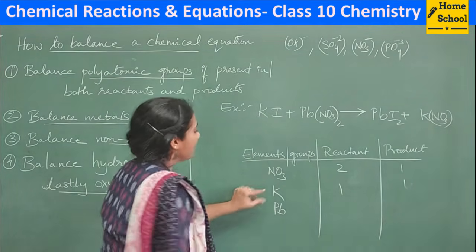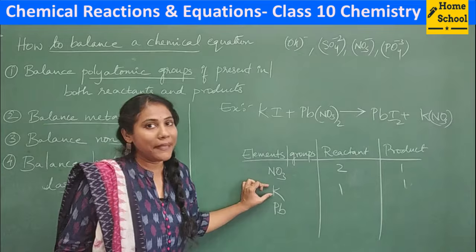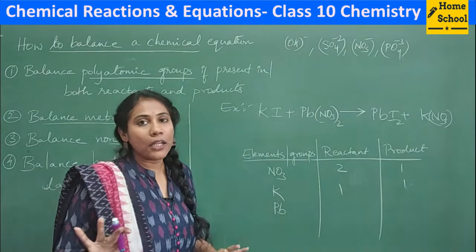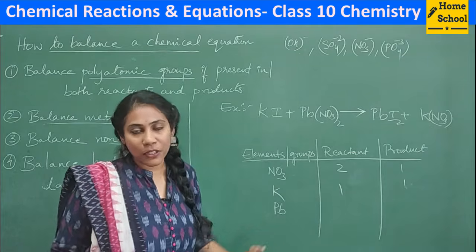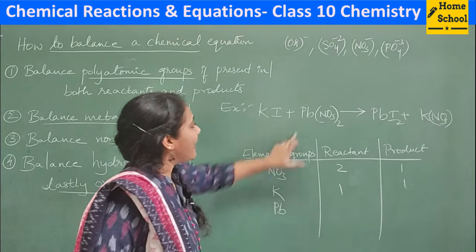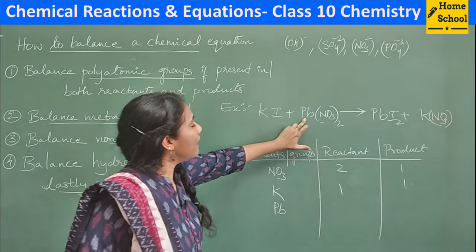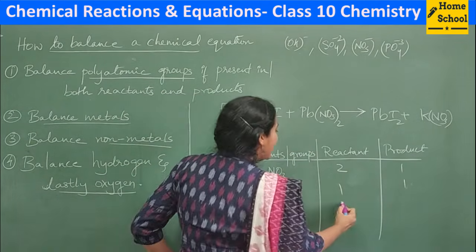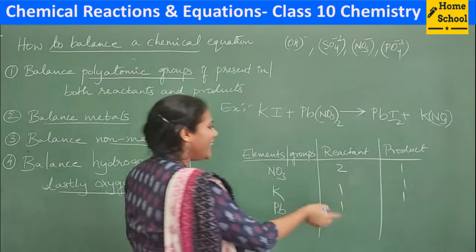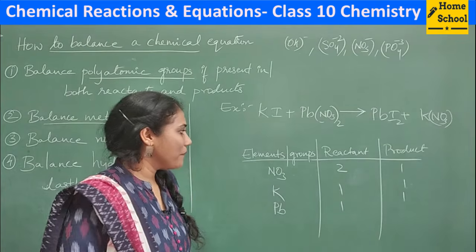Actually, potassium is a metal, so I have written it first. If you can't identify which is metal and non-metal, it's fine. Just put those elements in a line. So potassium is 1. Lead: how many lead atoms are there in the reactant side? Only 1. In the product side? 1. So lead is also balanced, isn't it?